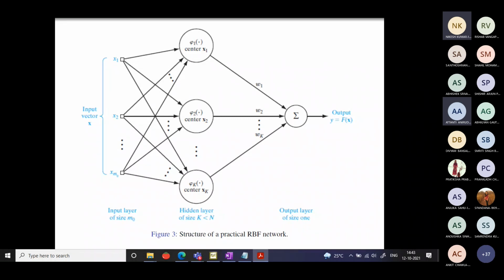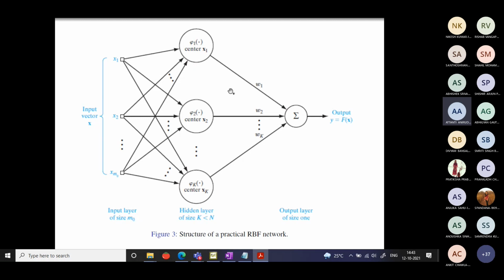Whatever the data is there, you apply the K-means algorithm, and once it converges and you identify how many clusters there are, the centroids of those particular clusters become the centroid for the respective hidden layer neuron. So this part we have found.